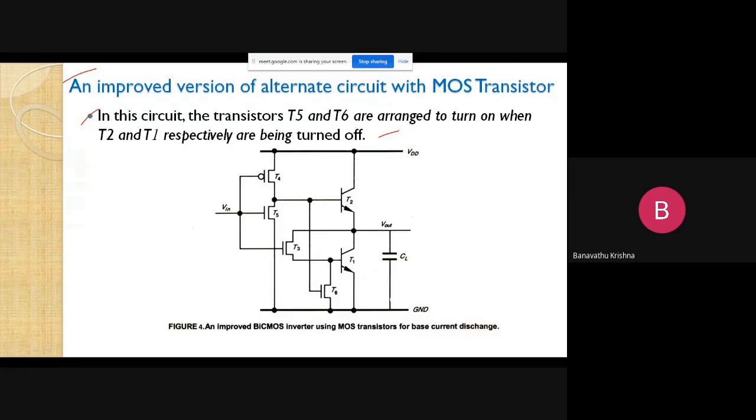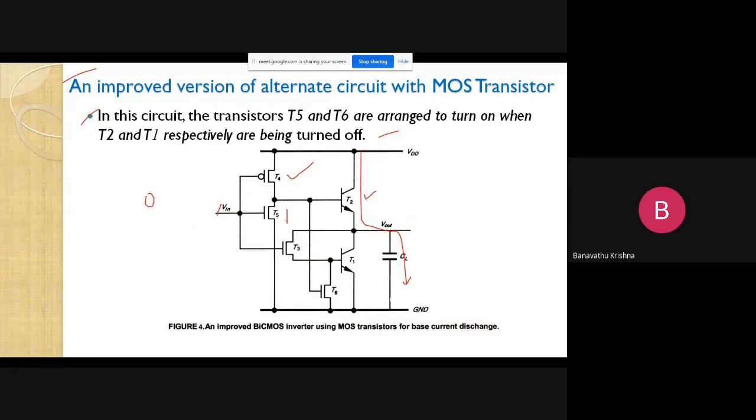Let us come to this point here. Suppose we apply input 1 here, 0 here, then T4 is on and T2 is on, then the current will flow like this and charge the capacitor, right?